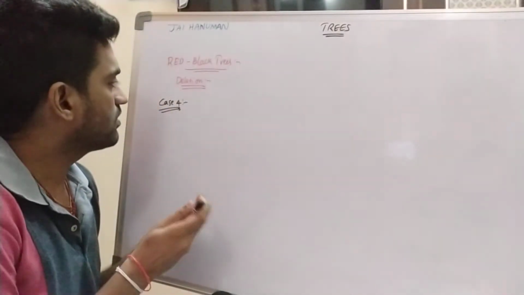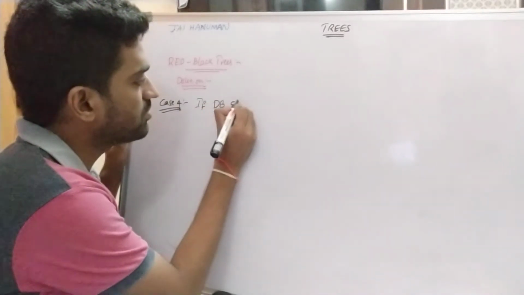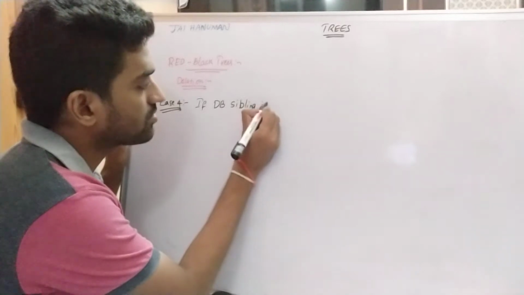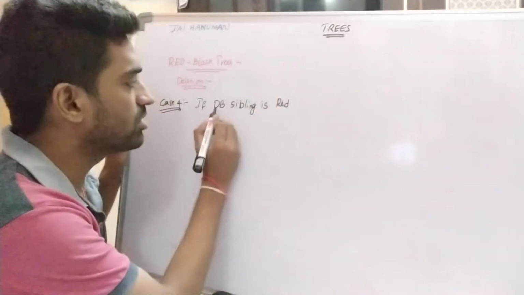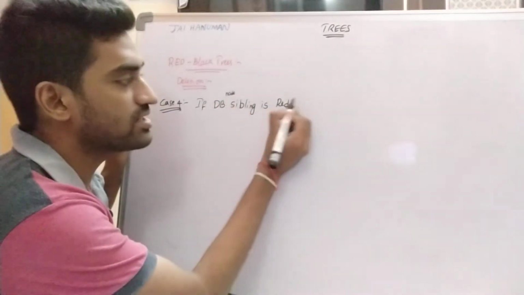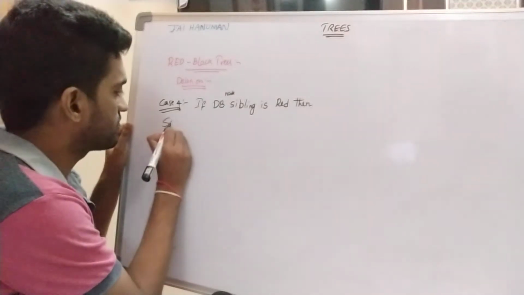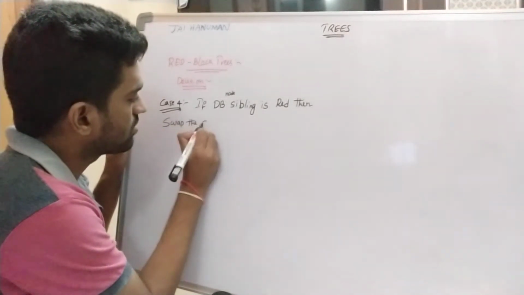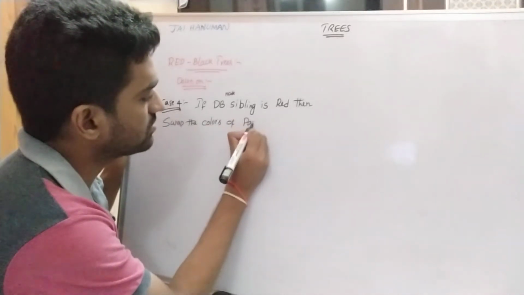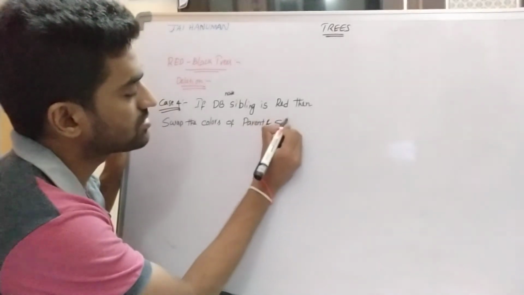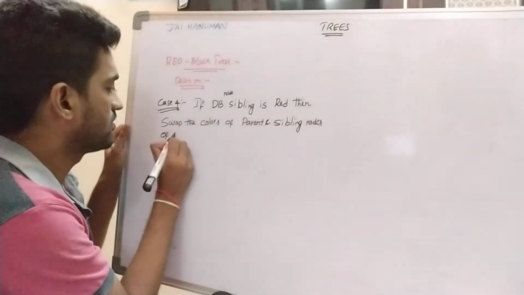Yes, in case 4, if double block node sibling is red, then swap the colors of parent and sibling nodes of DB.